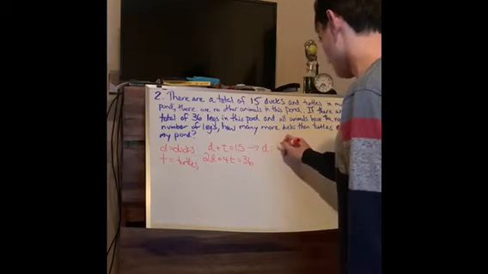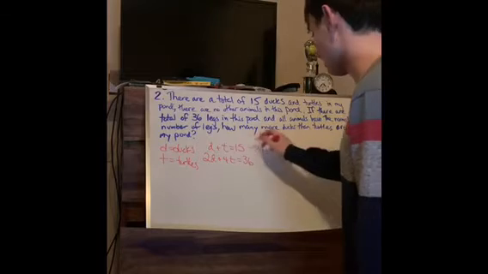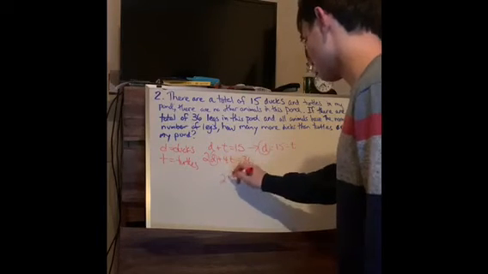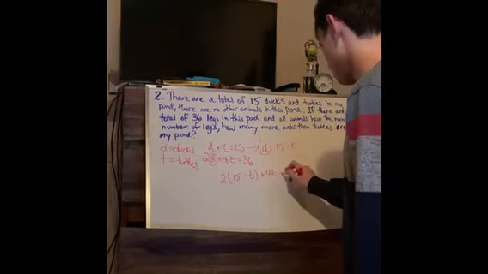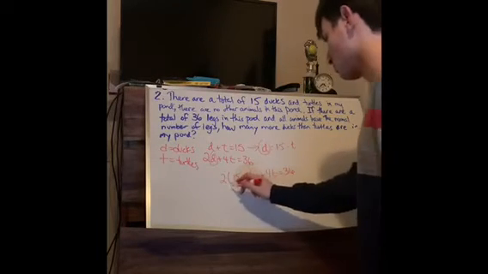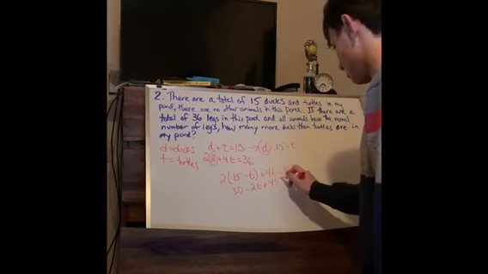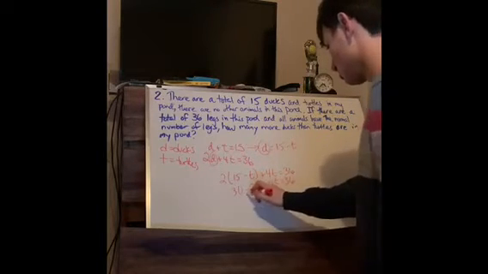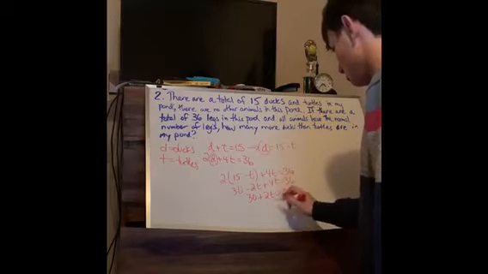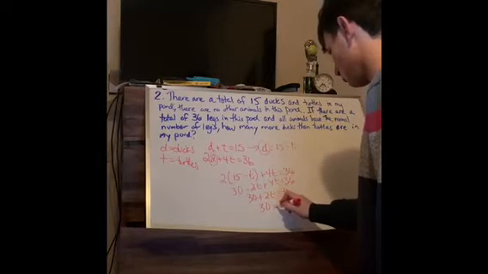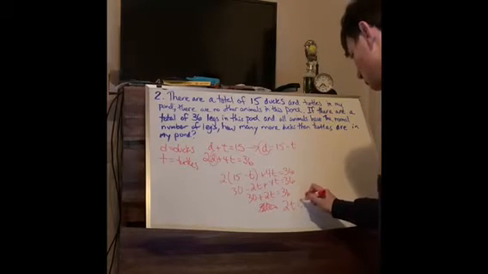D is equal to 15 minus T. Substitute in for D right here. So 2 times 15 minus T plus 4T is equal to 36. 30 minus 2T plus 4T is equal to 36. 30 plus 2T is 36. 2T is equal to 6.